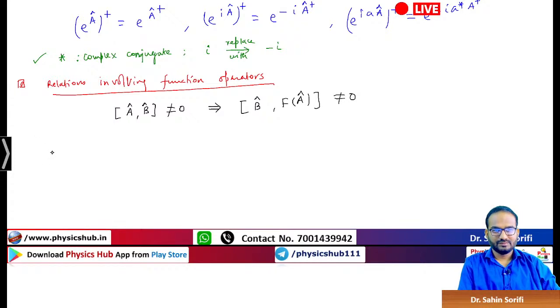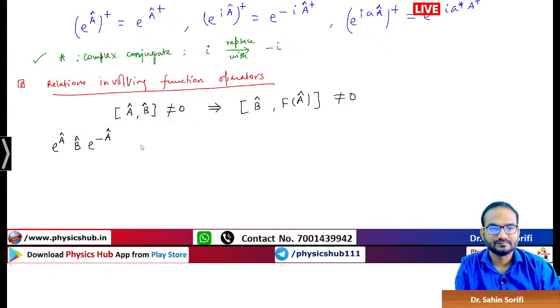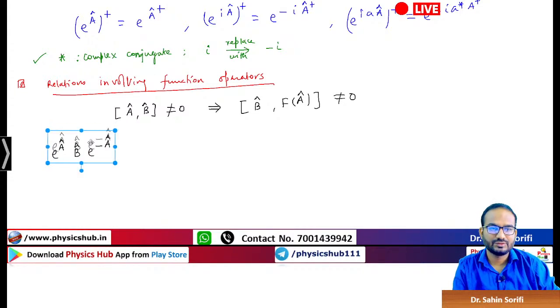Now there is a very important relation, e to the power A B e to the power minus A. This is a special form. So what does this expression produce?